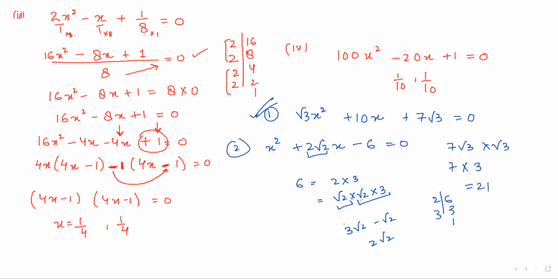So I have to take this combination like 3 under root 2 and under root 2. One of them you can break because I'm having under root 2, so I can break this 2 into again under root 2 into under root 2, and then I can proceed. So this will become x square plus, 2 under root 2 can be written as 3 under root 2x minus under root 2x, and then you have minus 6. So this way you will split the middle term. Now from the first, you can see only x is common, so x plus 3 under root 2, right?